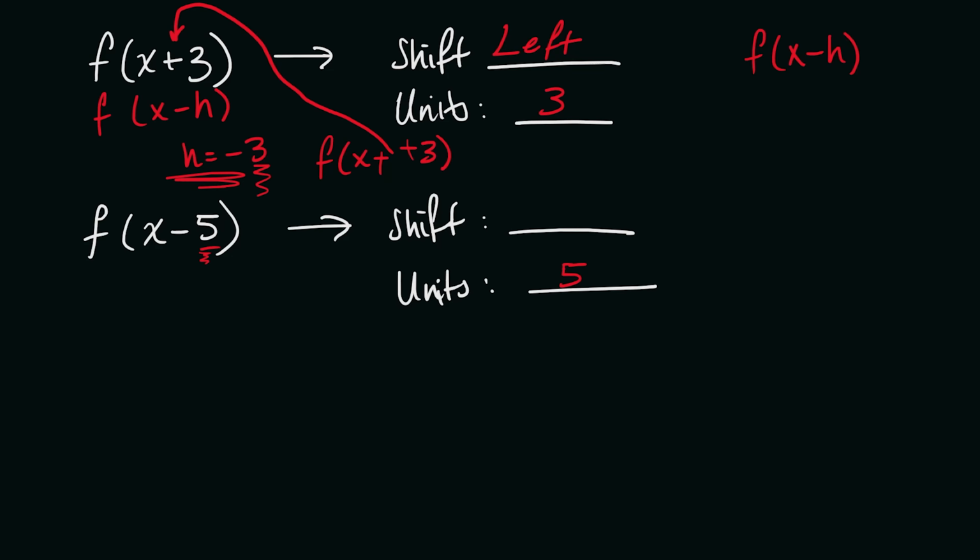Now we have to figure out, are we shifting it to the left or to the right? Using the base equation of f of x minus h, we see that the negative signs match up. Very good. So that means that h is equal to a positive 5 instead, so we know that we're shifting to the right.